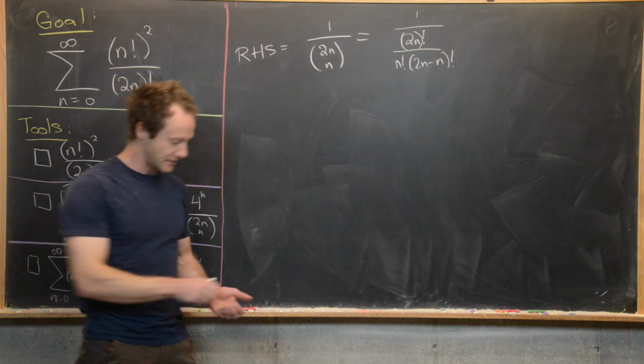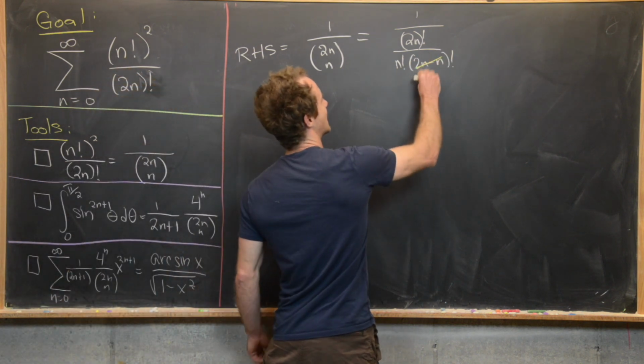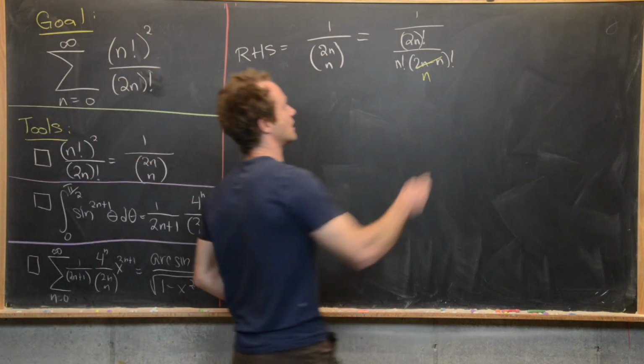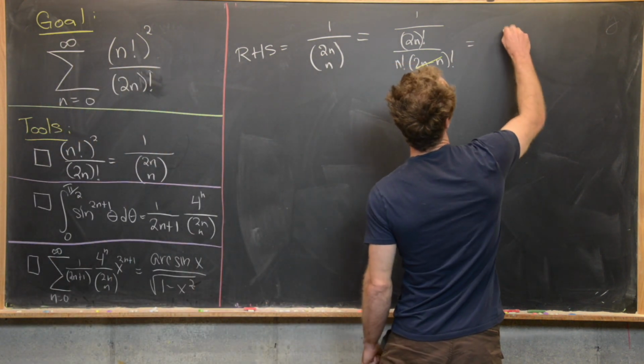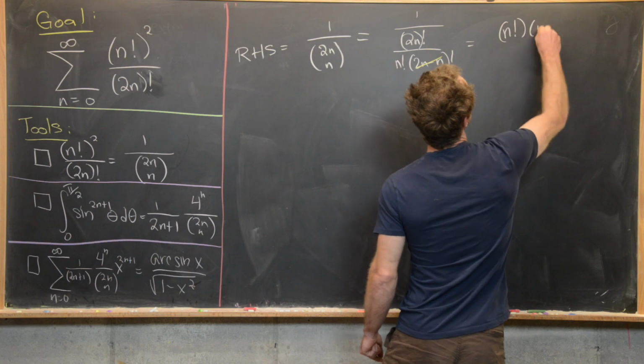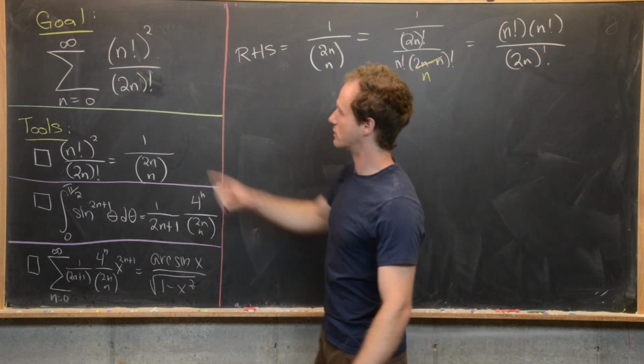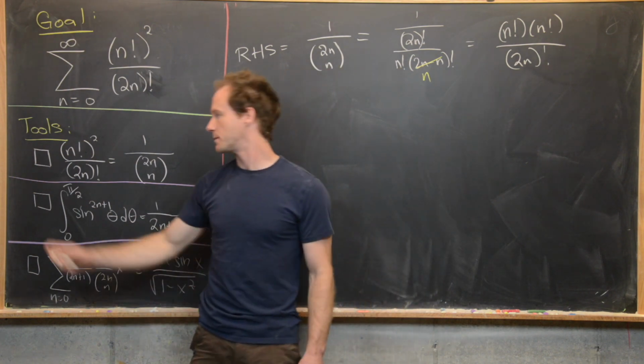So actually we're pretty much home free because 2n minus n is obviously n. And then we have 1 over all of this, which means when we flip everything around, we have n factorial times n factorial over 2n quantity factorial, which is exactly what we needed to show.